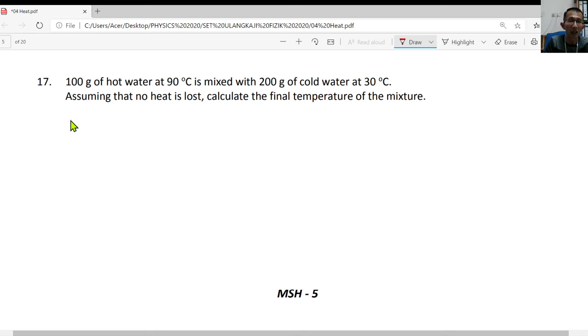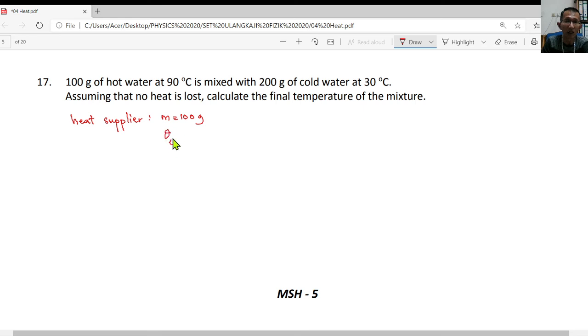Okay, who supplies heat? So I'll just put here heat supplier. So who supplies the heat? That would be the mass, 100 grams. And then I have the temperature.